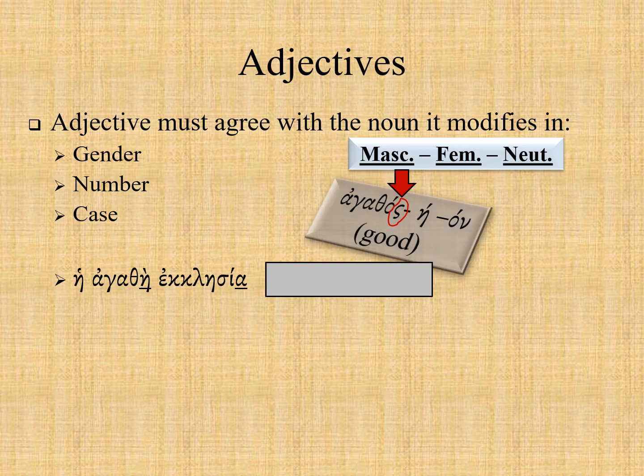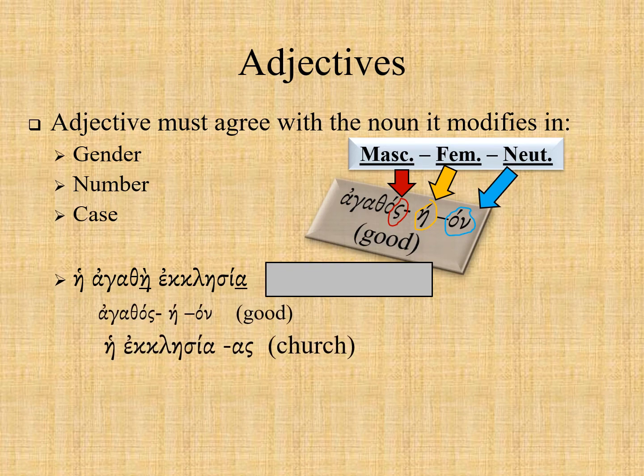The next one is eta, and that indicates the feminine form. So agathos is masculine, agathe would be the feminine form, and the omicron nu, or on ending, would be the neuter ending. Remember, these are all nominative singular forms of the adjective in masculine, feminine, and neuter.